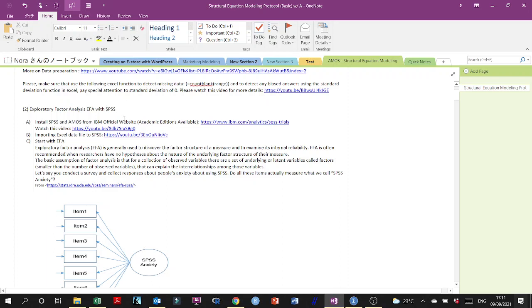Exploratory factor analysis is not common among researchers who are doing structural equation modeling. The way that I like to explain it is, not many researchers would like to take the risk of creating a survey that is not based on a well-founded theory.